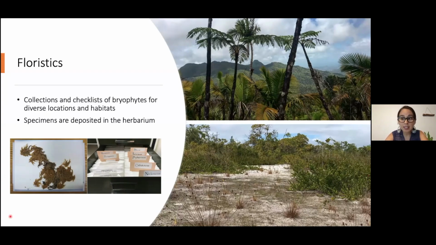For mosses in particular, so for a lot of plants you have a latitudinal gradient where you have more species in the tropics, like that's for flowering plants and other things. For mosses in particular, there is no gradient. There are a lot of species in, I will say, temperate zones and tropical zones.